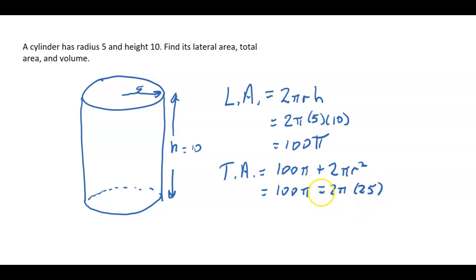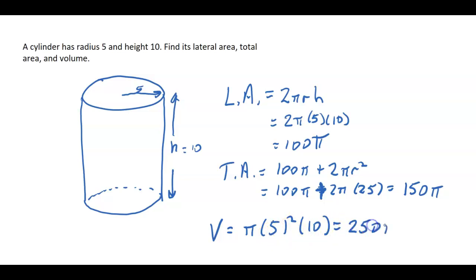Square it, we get 25. That equals 150 pi. And finally, the volume is the area of the base, which is pi r squared, times the height, 10. And that's going to be 25 times 10 is 250, which gives us 250 pi.